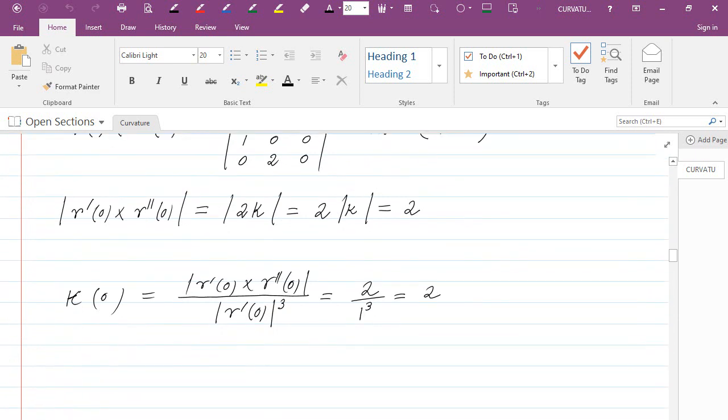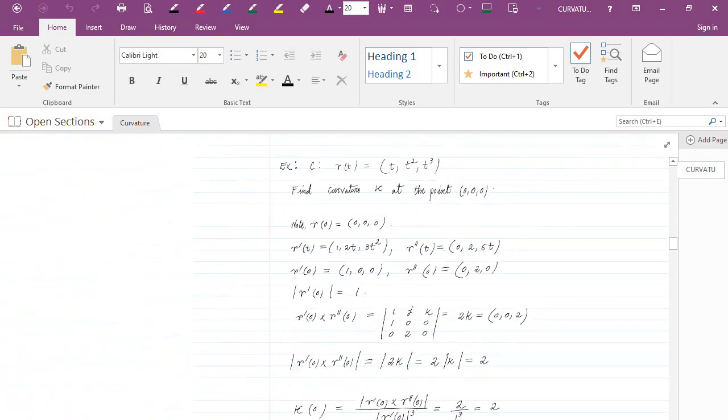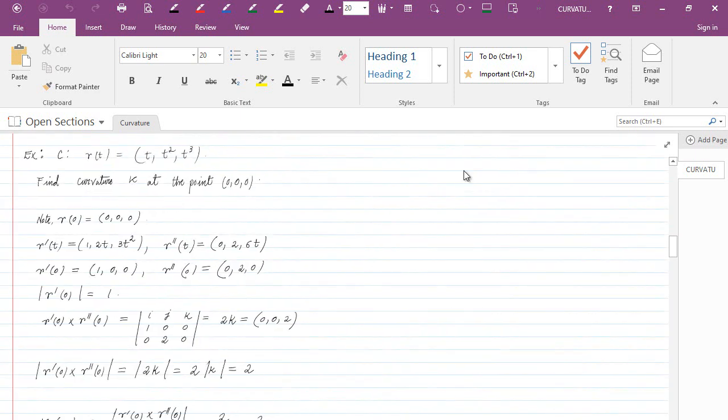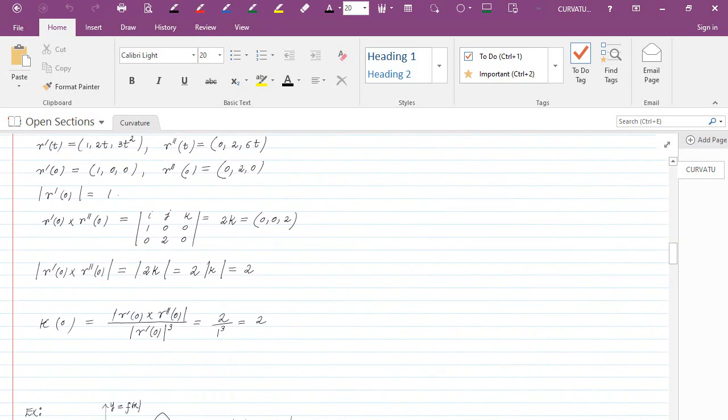So we got 2 over 1, which is 2. So the curvature of this curve at the point r of 0 is 2.